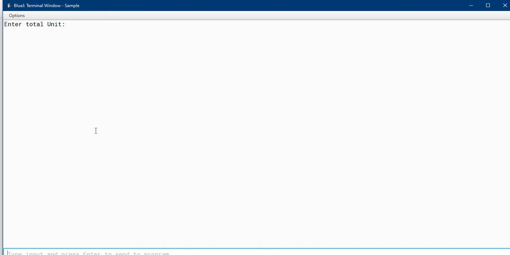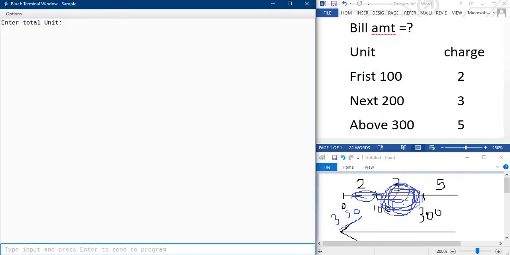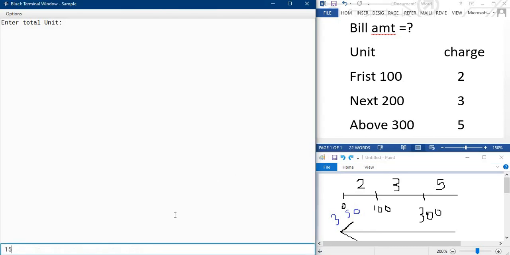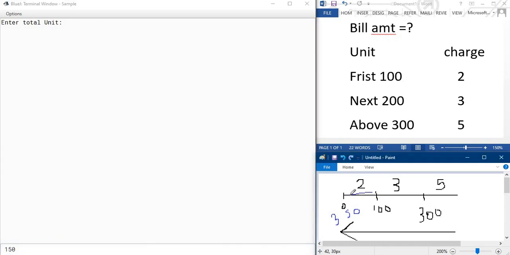Suppose I see what the calculation is. I open the calculator and show you. If the bill amount is 150 units, now 100 unit is rupees 2, so 2 into 100 is 200, right?